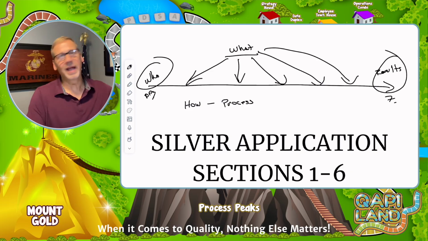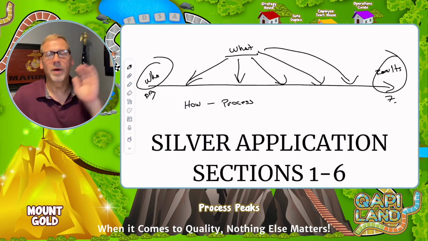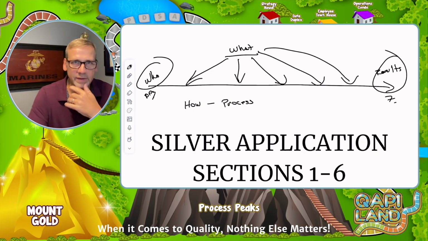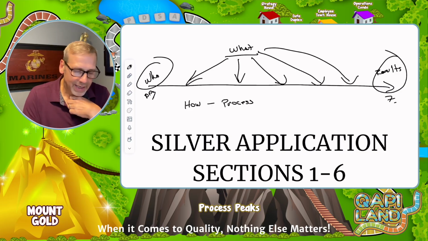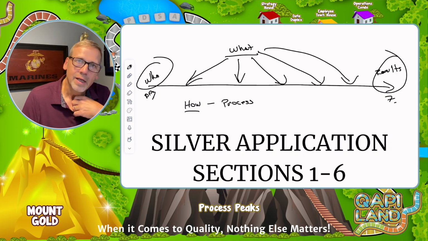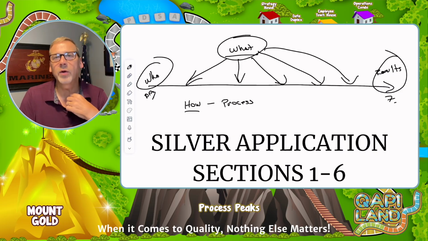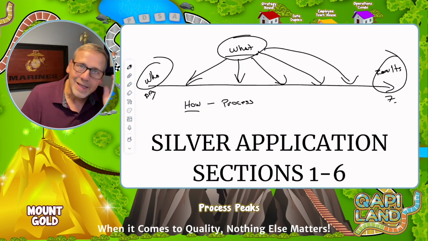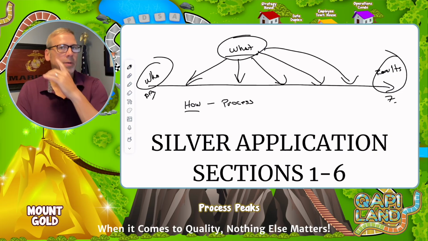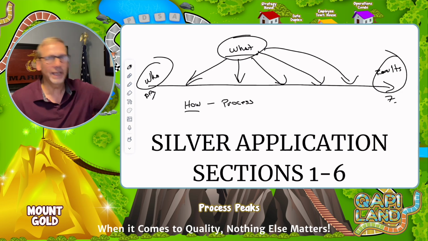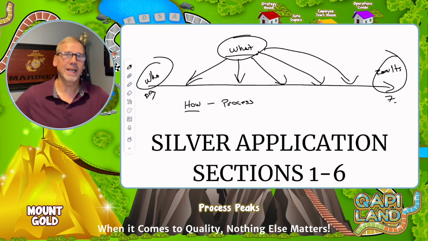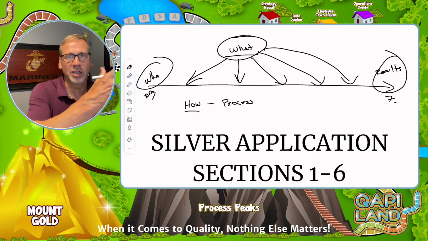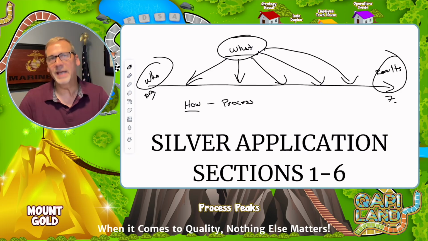So the who is the resident, the family member, whoever your customer is. Every time it says, how do you do something, we're talking about the process. And every time we're asking you to evaluate and improve the process, it's better to always answer it with the what questions in mind, with the specific measurable data you've already indicated, or are going to indicate in the application in section 2, section 4, and section 6.